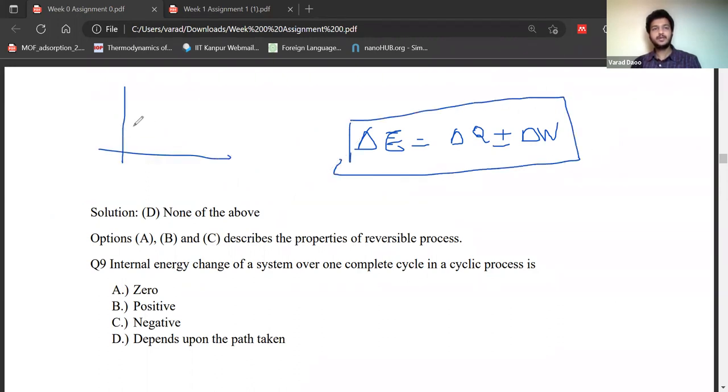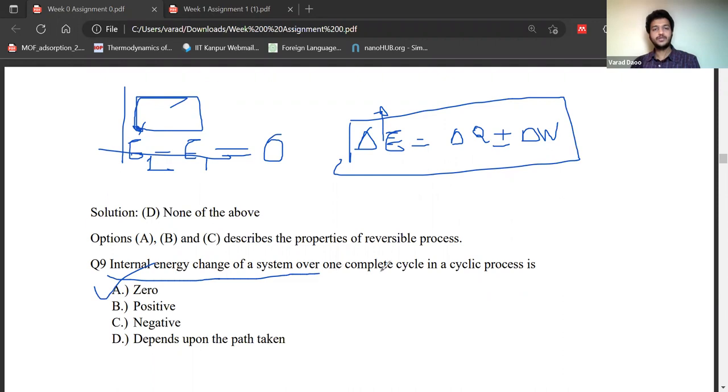As the system is coming back to its initial position, delta E is a state function, which depends only on the initial and the current state. When it is starting, its internal energy is E1, and when it comes back to its initial position, its energy is again E1. So the change will be 0.